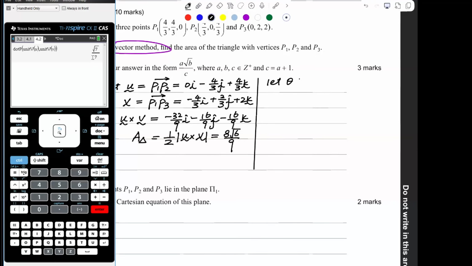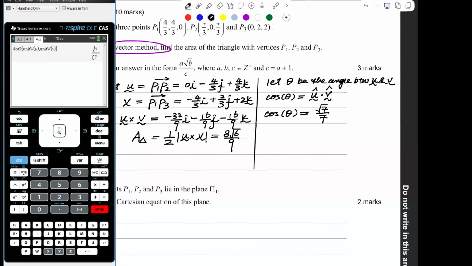Let theta be the angle between U and V. So you could say cosine theta equals U hat dot V hat, because once you take the unit vectors, the magnitudes are just ones. So cosine theta is going to be root 7 over 7.